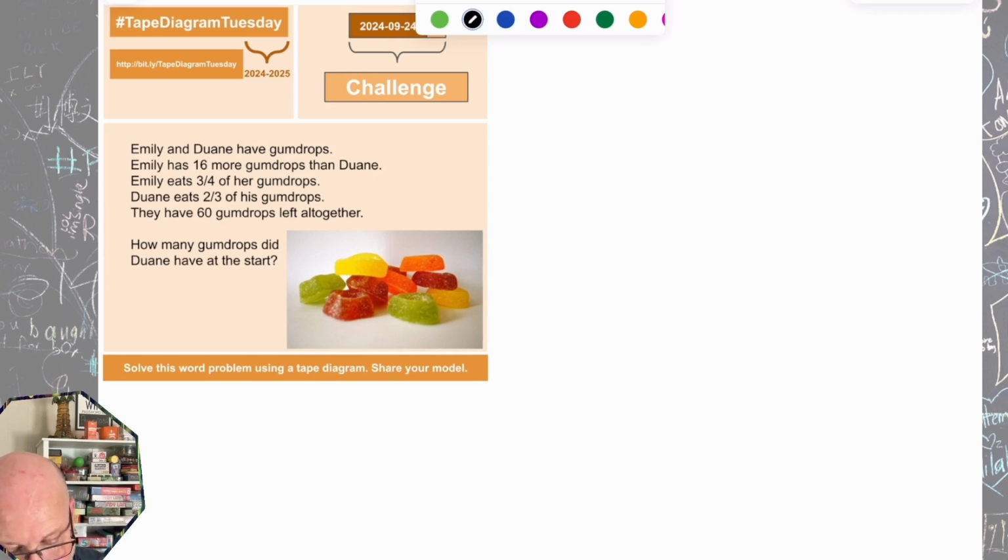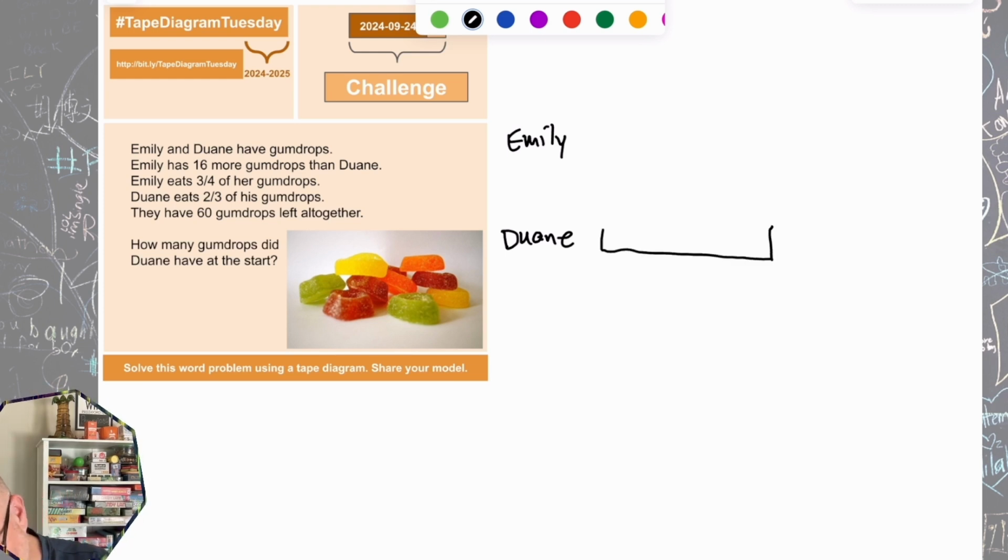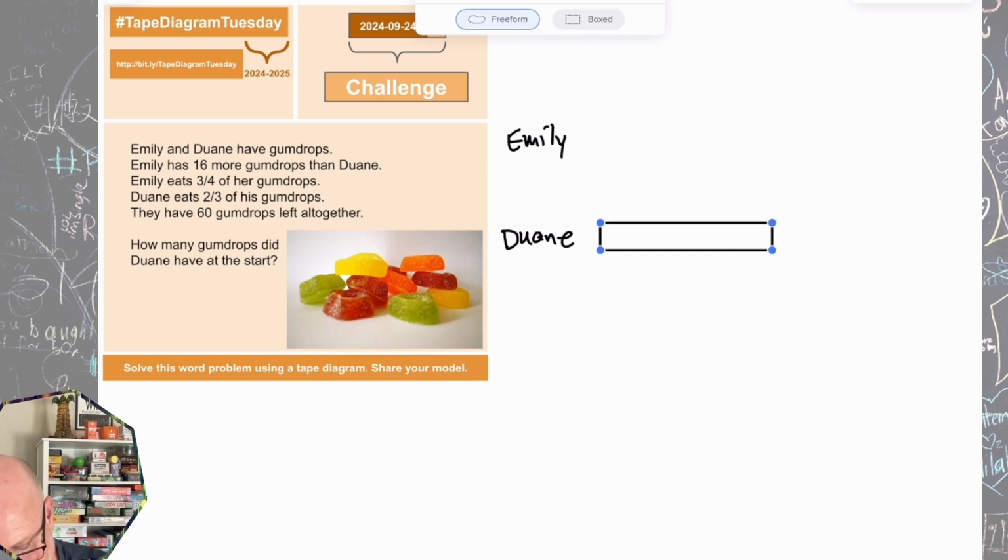All right, so it feels like we have Emily and Duane as our two characters. Now it says Emily has 16 more gumdrops than Duane. So I'm going to draw a picture of Duane's gumdrops right here.